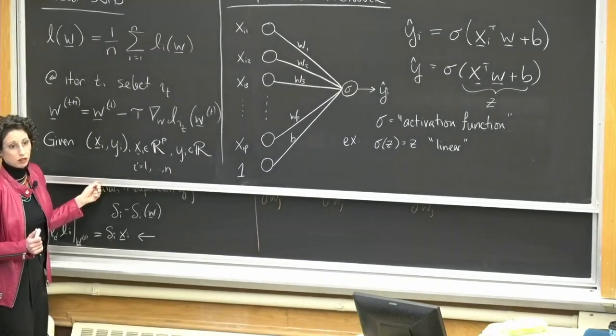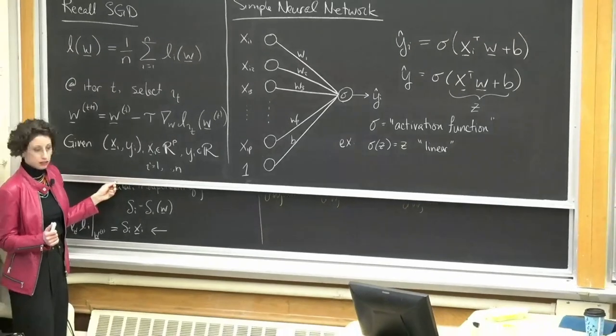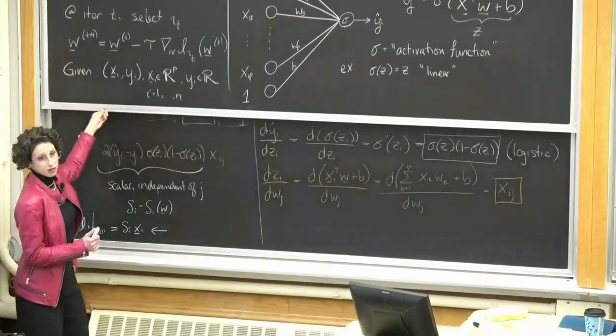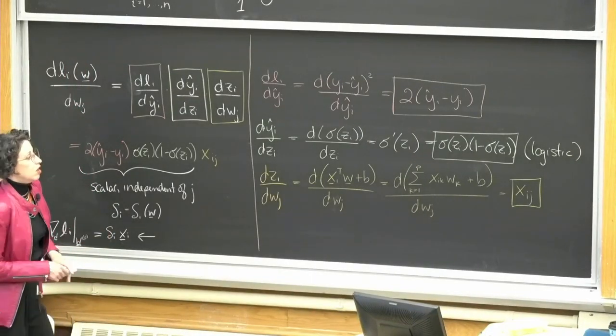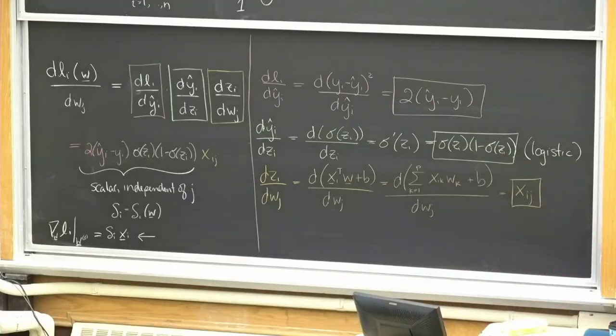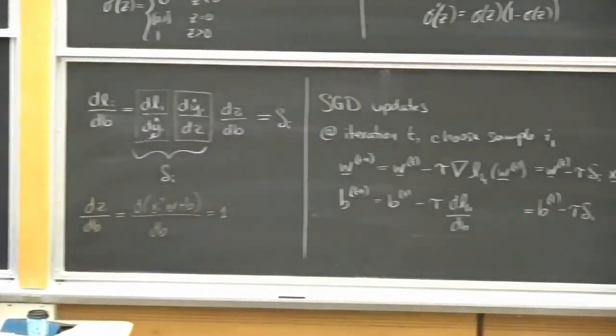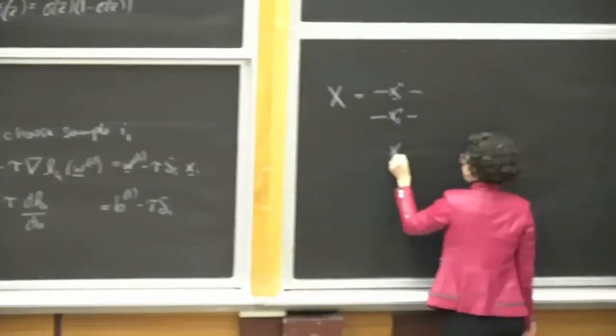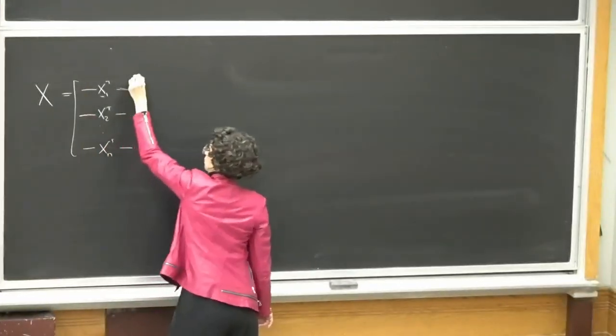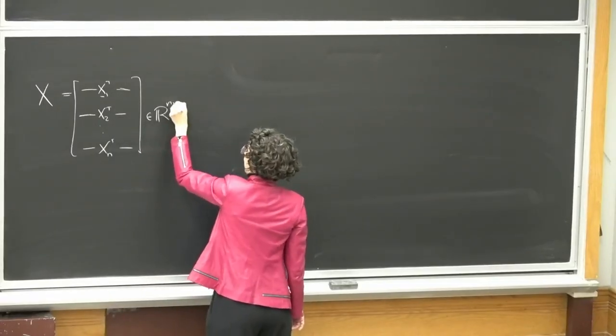So xij refers to the jth entry of the... Yes, xij is the jth entry of the ith training sample. So there's no relationship with a matrix. The way we did this back at the beginning of the quarter was we said that a feature matrix X would be x1 transpose, x2 transpose, all the way to xn transpose, and this matrix would be n by p.